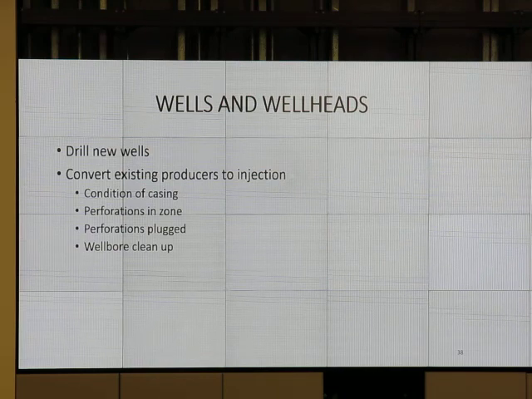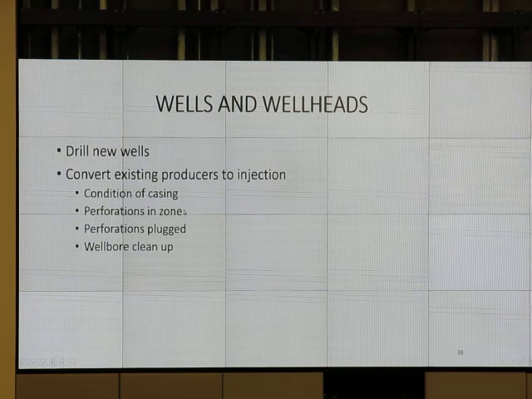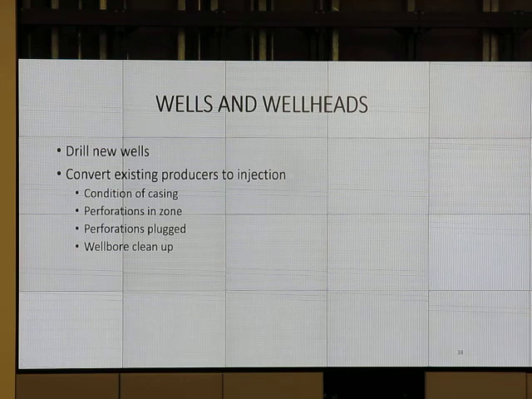Several things to think about when you convert an old well to injection. What condition is the casing in? Where are the perforations in that well relative to the zone I'm going to be wanting to inject in? Do I have to alter those? Are the perforations plugged? Is there any possibility they might have scale, wax, paraffin, bugs, you name it, on those perforations?